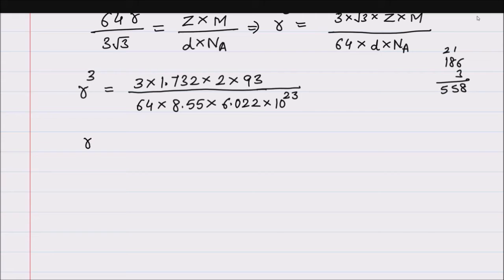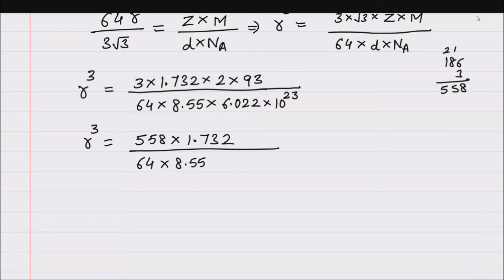That means R cube is equal to 558 into 1.732 divided by 64 into 8.55 into 6.022, and 10 raised to power 23 becomes 10 raised to power minus 23 in the numerator.